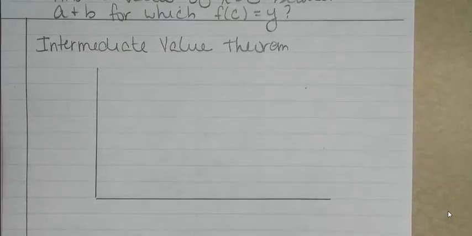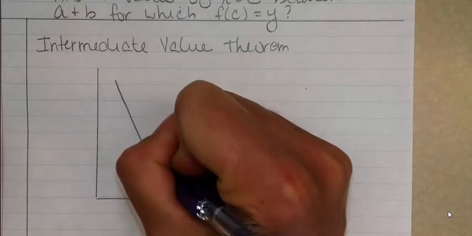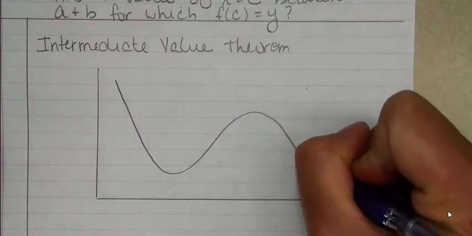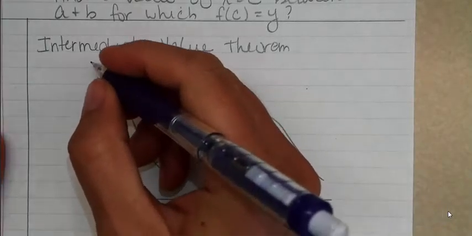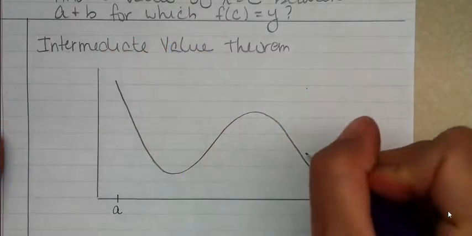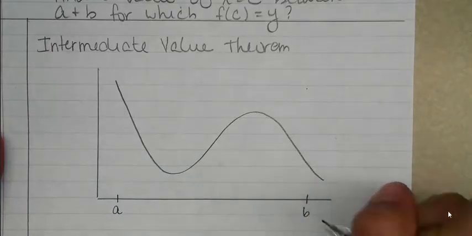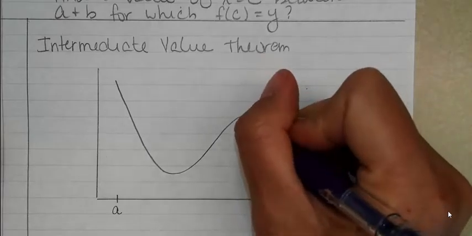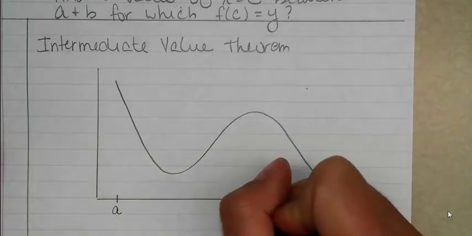So I'm going to have some polynomial function that is continuous because all polynomials are continuous. And it's going to be continuous from a to b. And there's going to be some value in between a and b, and we'll call that c.